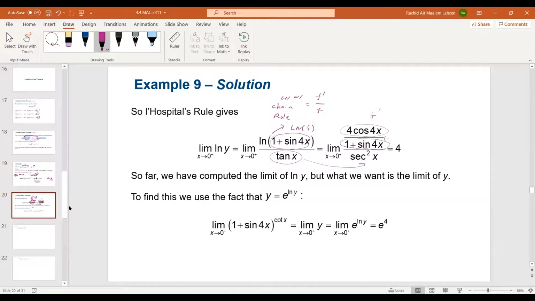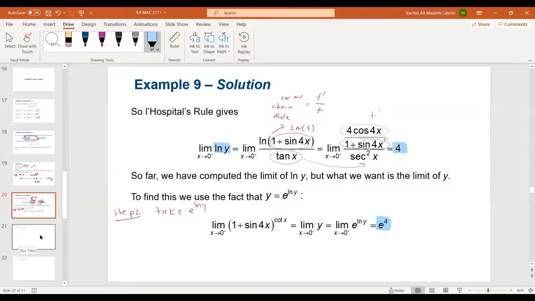Step 2 is to reverse it: take e to the ln to reverse it. All right, so that makes the final answer e to the power 4 and not 4, because the 4 is for ln y, where we want the limit for y.